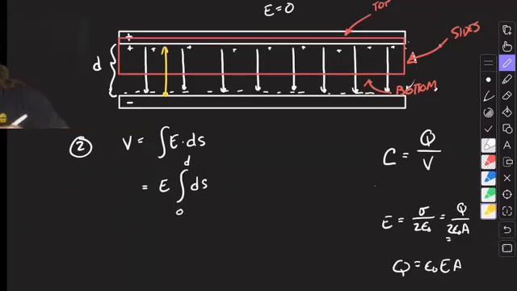But with the electric field a constant, this just becomes E times d minus 0, because the integration of ds with respect to s has an antiderivative of just s, which then goes from 0 to d. So my electric potential in terms of the electric field is just E times d.